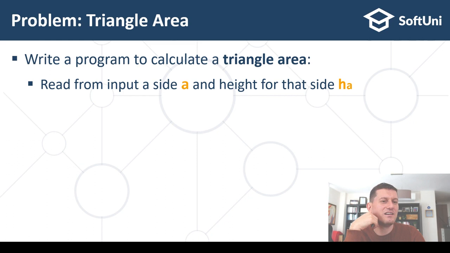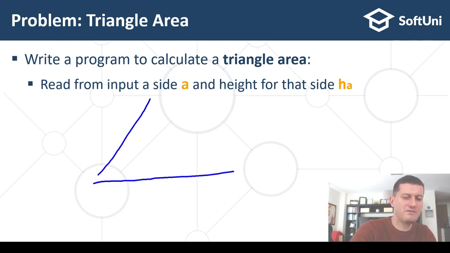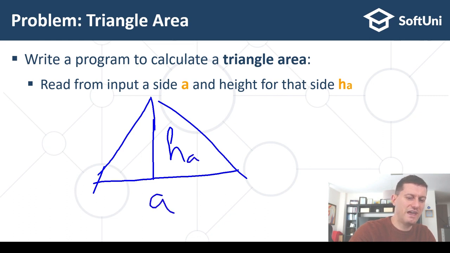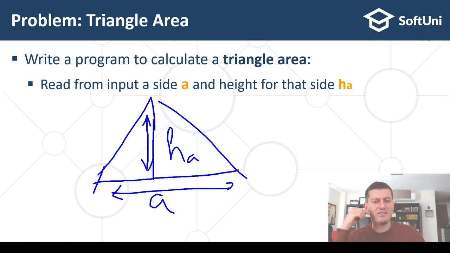The next problem is calculating the area of a triangle. So we read the side A and the height of side A. So let's have a drawing. If we have a triangle and we have this H, and this A, this is the side and this is the height.